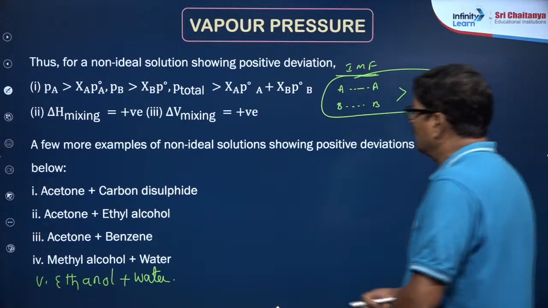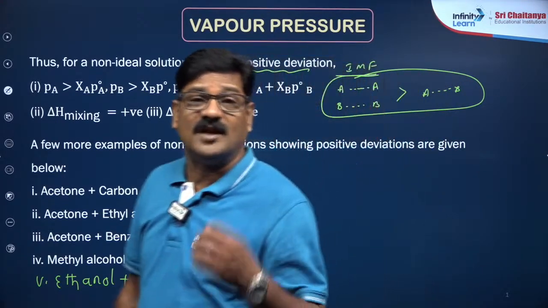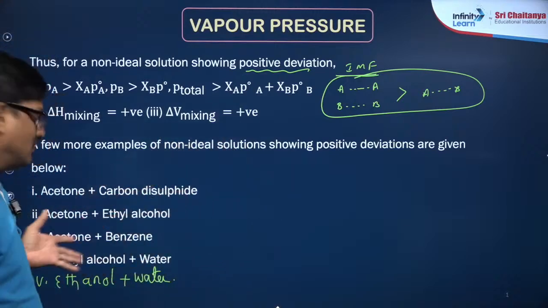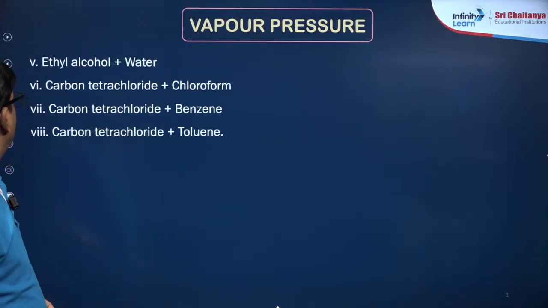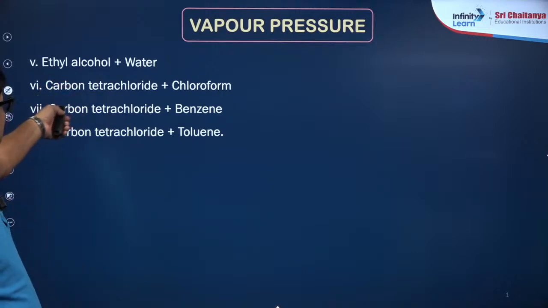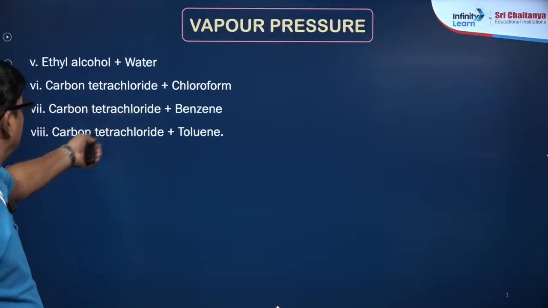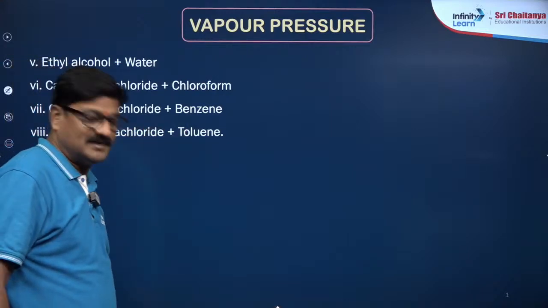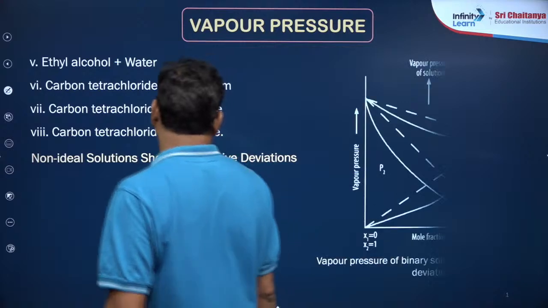Now let us talk about negative deviation. So far we saw positive deviation, now we must see negative deviation. Examples: carbon tetrachloride chloroform, carbon tetrachloride benzene, carbon tetrachloride and toluene. So, non-ideal solution showing negative deviation.